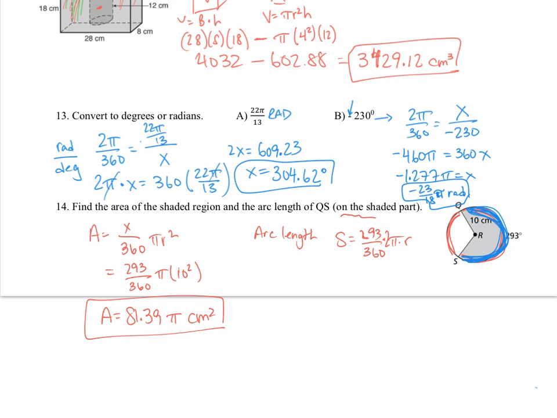Okay, so this becomes 293 divided by 360 times 2 times our radius, which is 10, yields an arc length of 16.28 pi centimeters. Sorry, just centimeters.